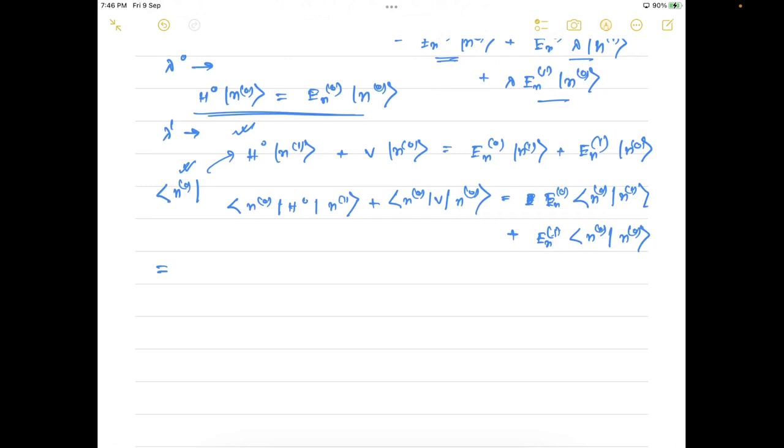Now if we operate H0 on <n0>, we get En0.